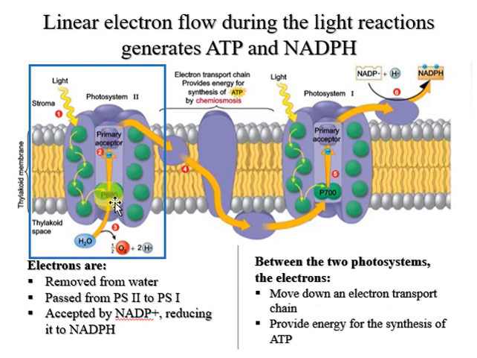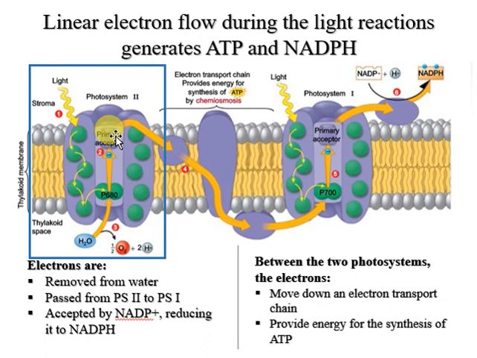Your P680 drops off that high energy electron, and in that process, P680 is oxidized to P680 plus. It's P680 with a +1 charge. And then your primary acceptor is reduced, because it has gained those electrons.